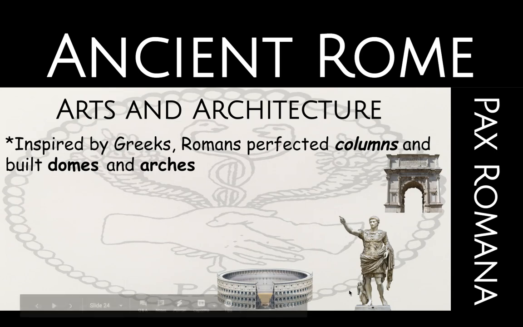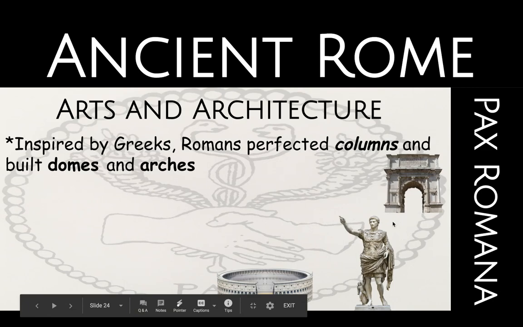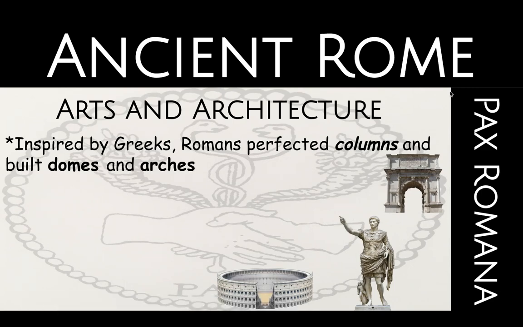But if you see here, here's a Roman sculpture. They improved upon the sculpture made by the Greeks. Remember, the Greeks believed in portraying the perfect human form. Well, the Romans are going to expand on that and create the most beautiful, detailed sculptures. Just absolutely phenomenal.